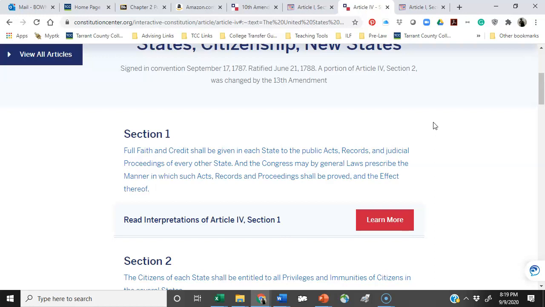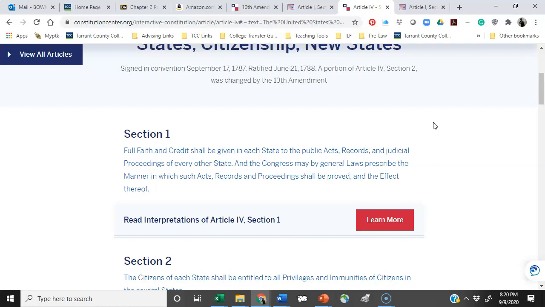One thing that states must do is give full faith and credit to the laws, records, and judicial proceedings of other states. We call that the full faith and credit clause. If someone gets married in Maine and they move to Texas, Texas has to recognize that marriage because that is a public act.